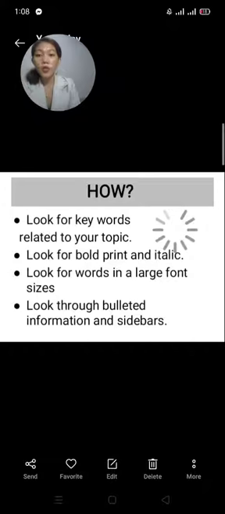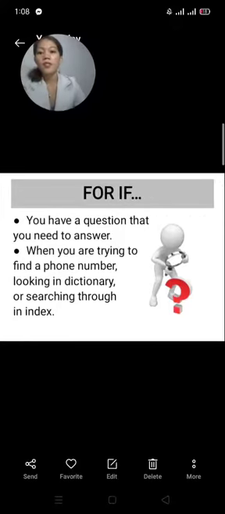And when you use the scanning strategy, it is for when you have questions that you need to answer, for example, during an exam, and we have a short story. We will first read the questions, right?